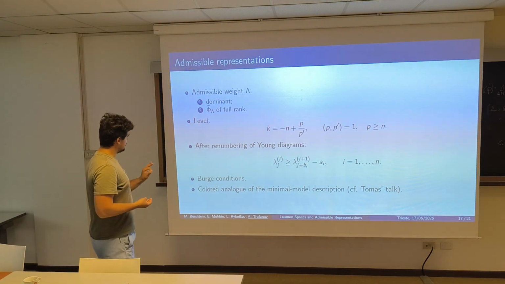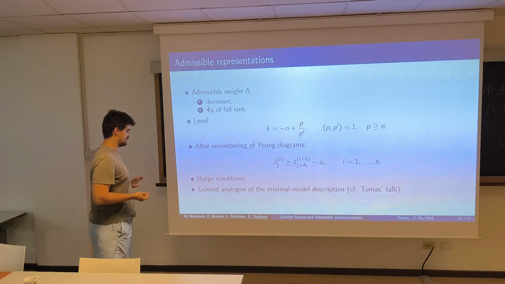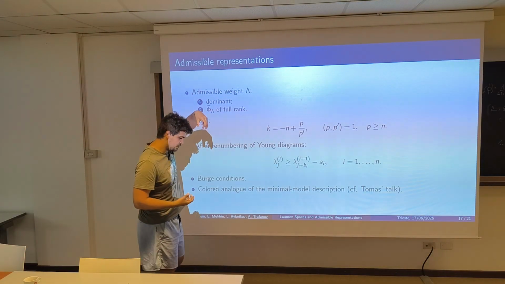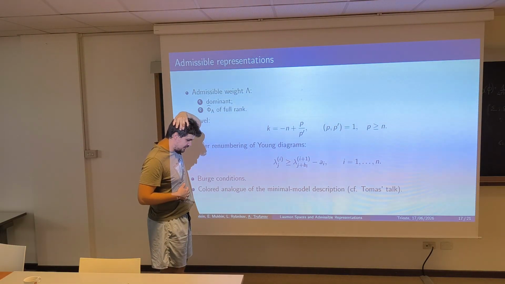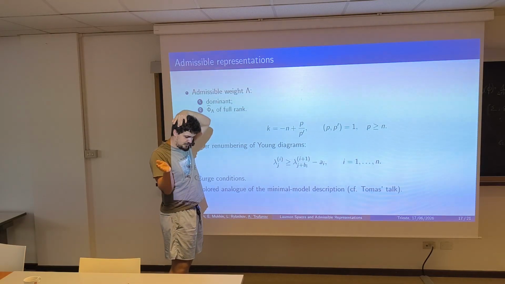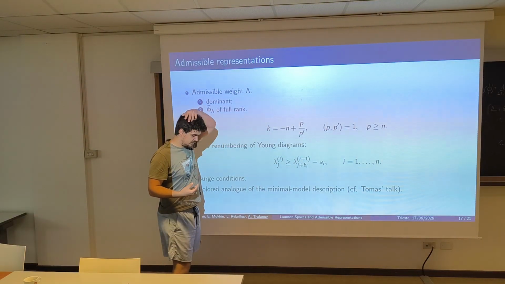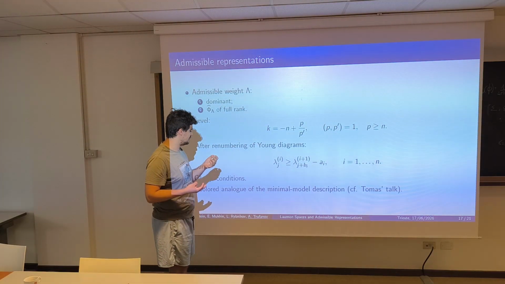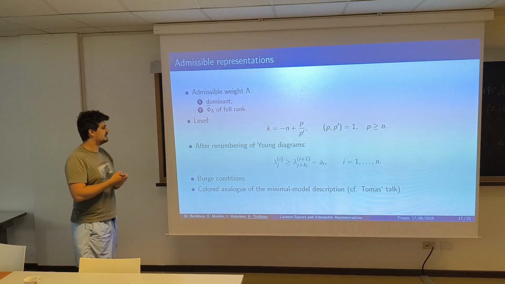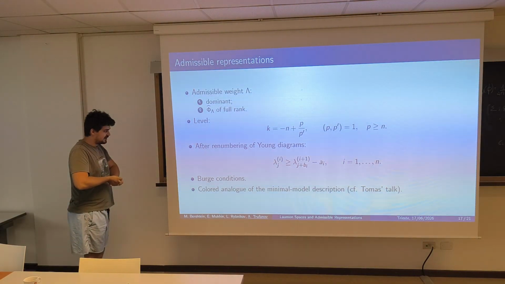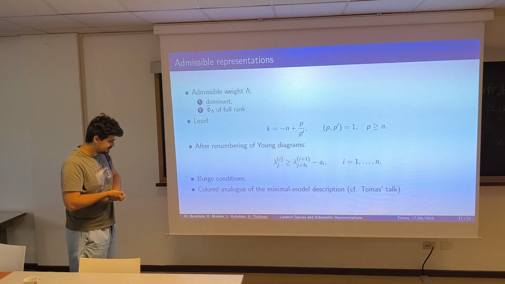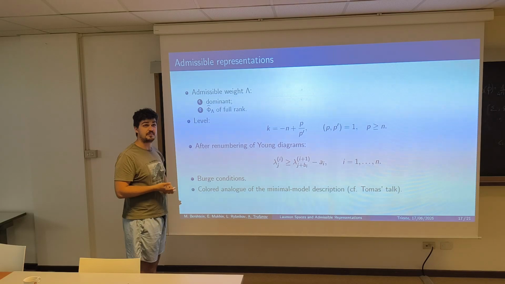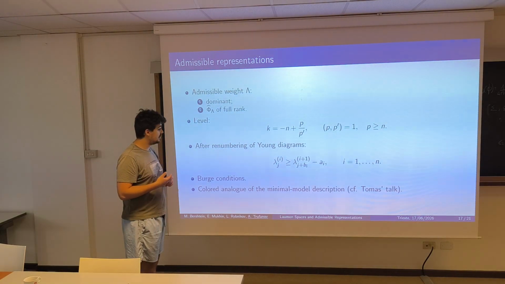So what happens in this case, for admissible in this generality? It appears that, as I explained to you, our Gelfand-Tsetlin patterns are in one-to-one correspondence with n-tuples of Young diagrams. And in this case we can rewrite these permitted conditions in a very simple way.